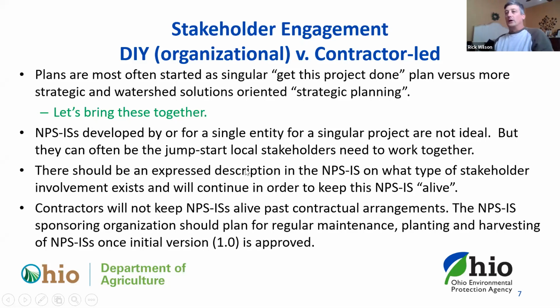Included with your 9-element plan and your public participation, we want to see a description of what type of stakeholder involvement exists and will continue in order to keep it alive. A lot of times, like I said, it's for just one project, and it's not clear that there's going to be anyone touching it after the one project is accomplished or proposed for funding.